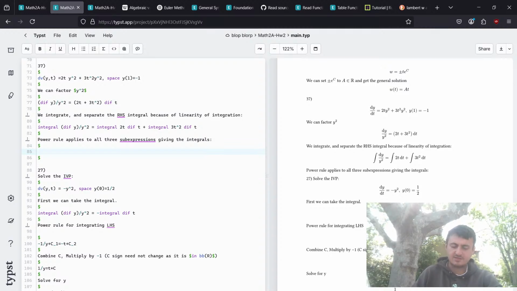I'm almost positive it's that. So minus 1 over y is equal to, and then we have 2t, so we're going to get t squared plus t cubed. So what we're actually going to get is y is equal to minus 1 over t squared plus, and plus c there.